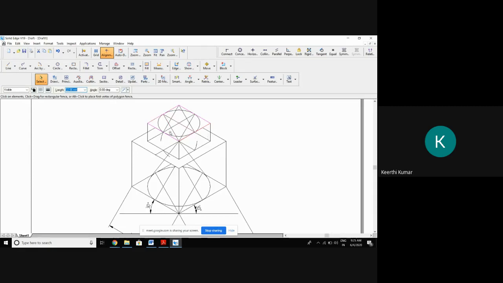Exactly the center of this line, the center of this line. If I connect and draw parallel to the boundary, it will become one line which is parallel to this. Again, do the same procedure for this line. But remember, these two lines should be parallel to the boundaries, the same way we did at the top surface. Just draw a parallel line to the boundary.